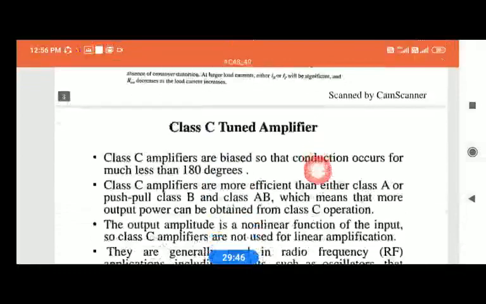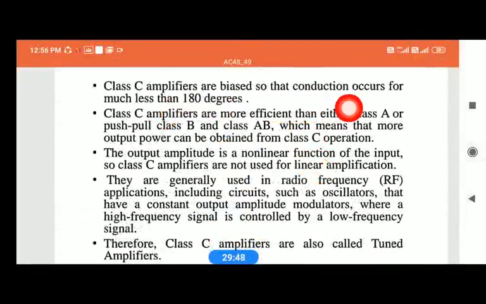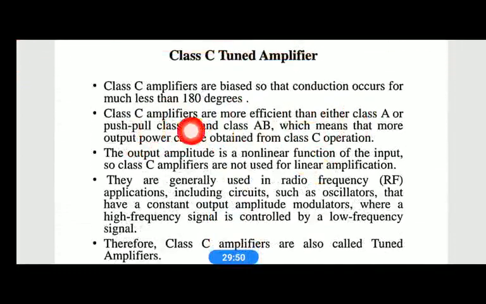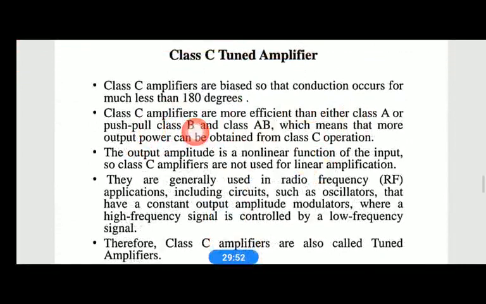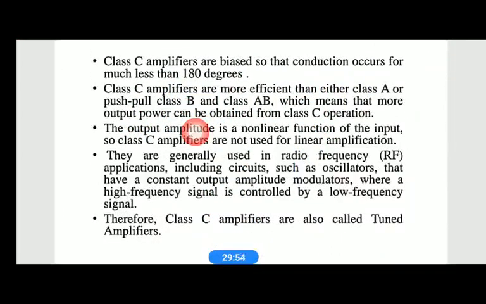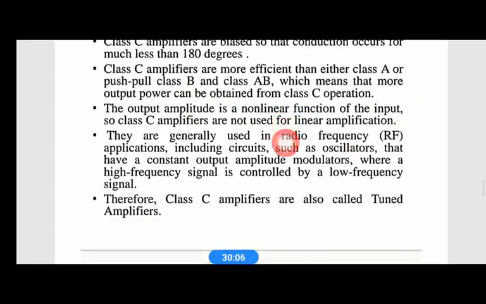If you read the text here, the class C amplifier is biased so conduction occurs for less than 180 degrees. Class C amplifiers are more efficient than class A, class A push-pull, or class B and class AB, because they give more output power than the other amplifiers. The output amplitude is a non-linear function of the input, so class C amplifiers are not used for linear operation.